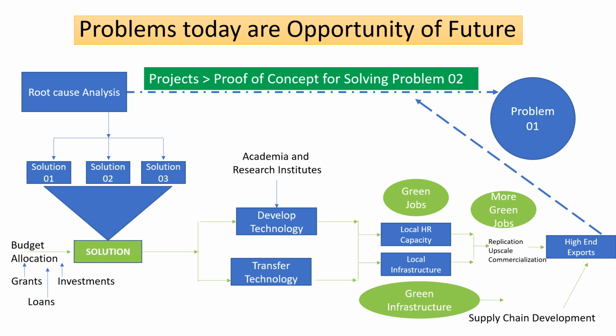And overall the problem has been solved. So this is a very good workflow through which problem solving can not only sustainably solve the problem, but also fund the problem solving of other issues as well.